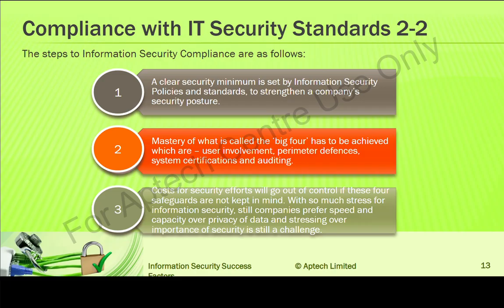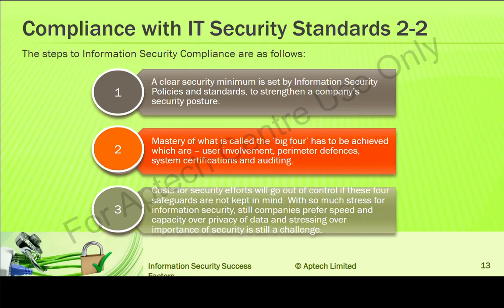Number two is to master what is called the big four, which are user involvement, perimeter defense, system certification, and auditing. Those are the big four that you have to master in your organization. Who are the users? You have to make sure that those areas are of standard.